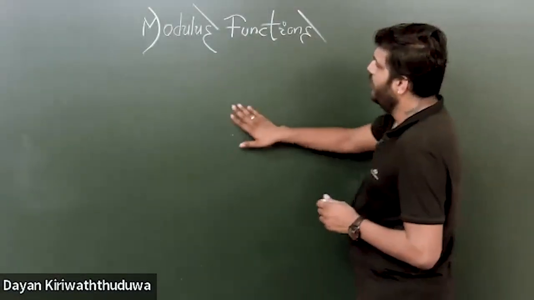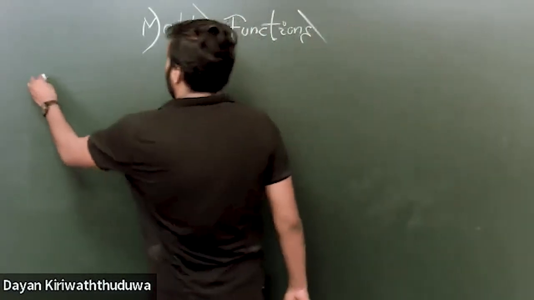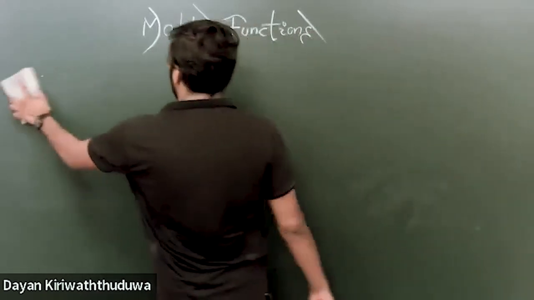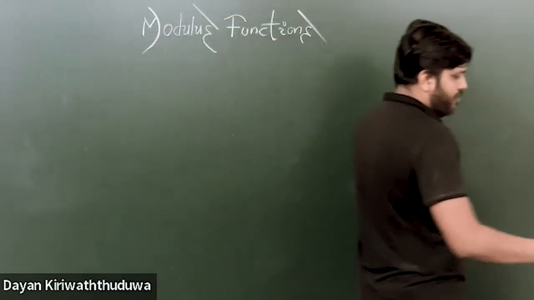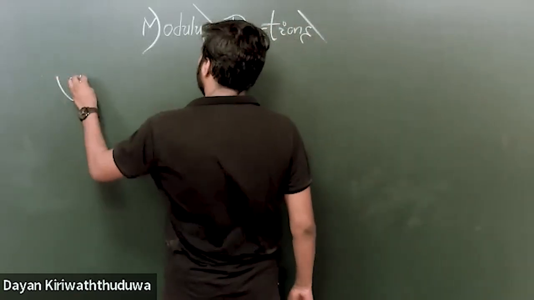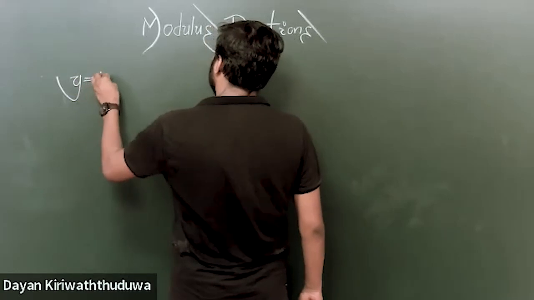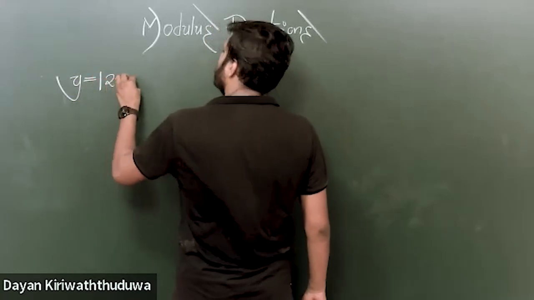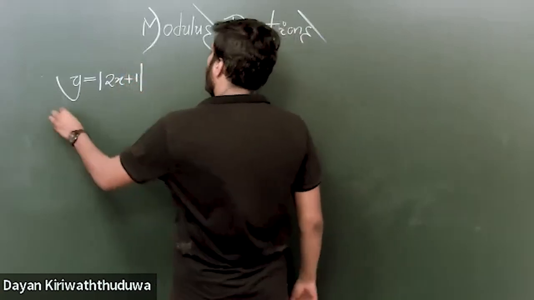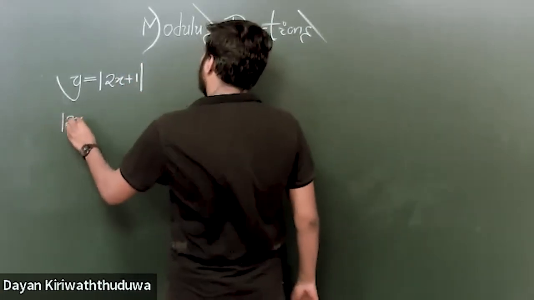Okay. So our question is y equals modulus 2x plus 1. So let's see how quickly we can do it. So that is y equals modulus of 2x plus 1.